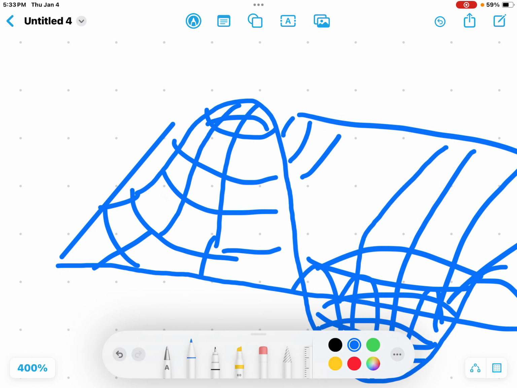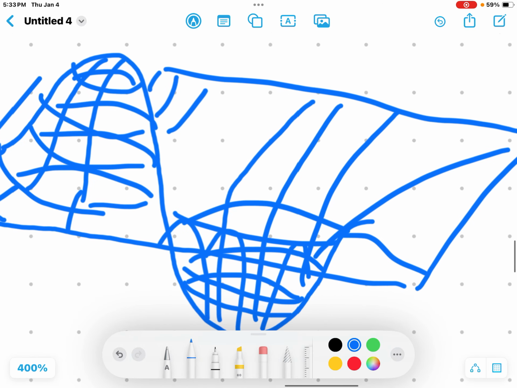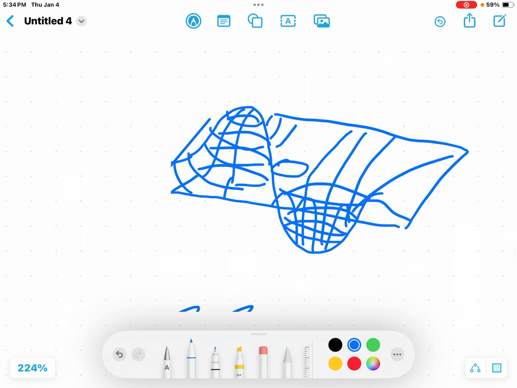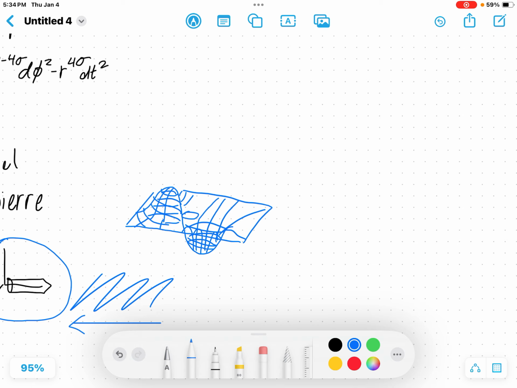I'm not good at drawing this stuff, so yeah, it looks something like that. And then the spaceship is somewhere located over here. So that's basically my Alcubierre space-time.